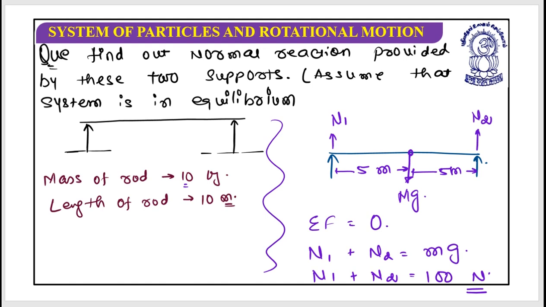I hope this is clear. So this n1 plus this n2 will make 100 newton. This is just the first relation, because up till now I have satisfied only one condition, that the total force acting on it must be 0.